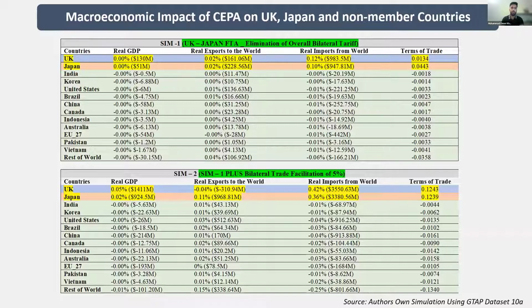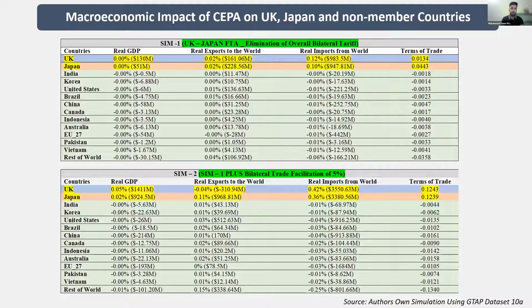If we compare the real GDP for UK and Japan, the UK has a vast gap, and we can say that the UK would gain $1,411 million with the additional scenario of bilateral trade facilitation of 5%.